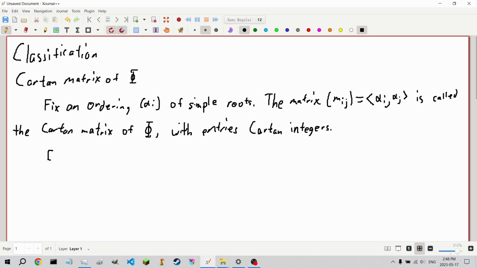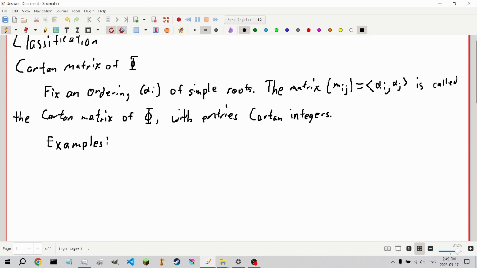And last time, a while ago, I drew out the 4 root systems in 2 dimensions. It turns out I think that's all of them in the 2-dimensional case, up to isomorphism in the sense that we defined earlier. So we have the Cartan matrix of A1, with A1 being this.